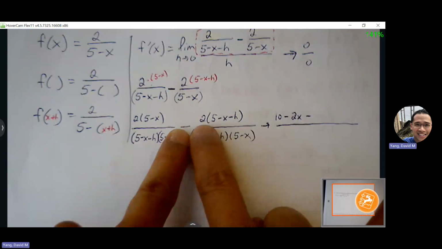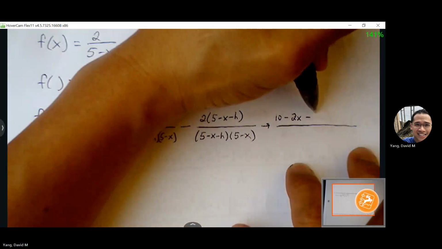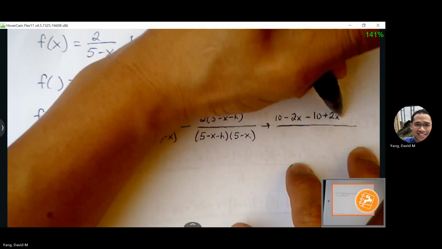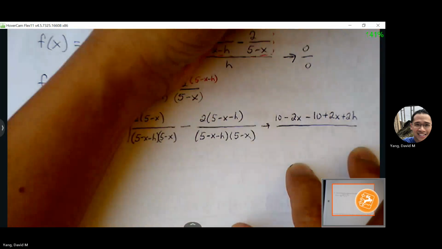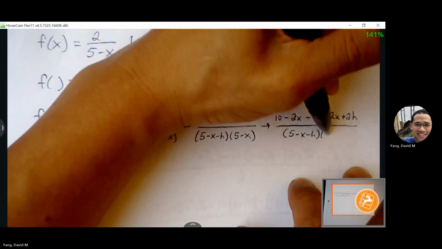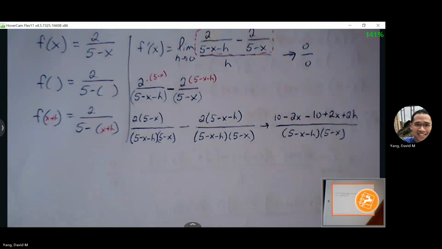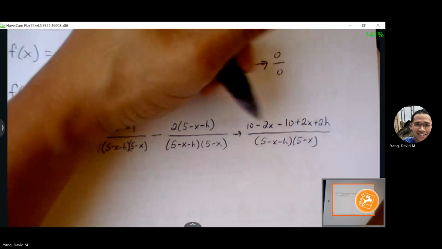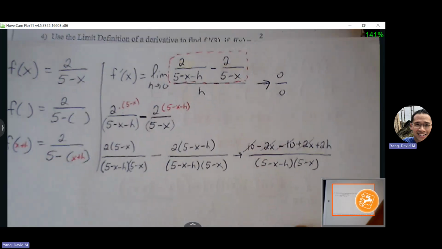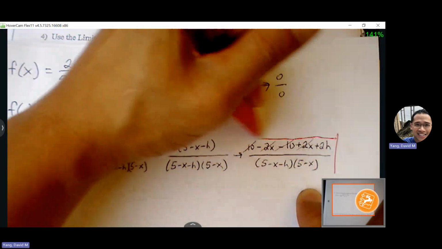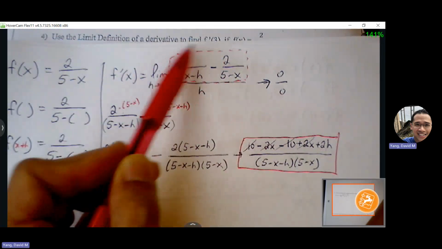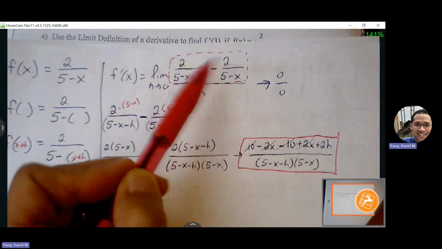I'm going to distribute the negative 2 through the set of parentheses. Tens cancel out. 2x's cancel out. But remember, we're doing this as a separate part, right? All this is just to clean up this top portion. Now we've got to take all this and put it back into our problem.